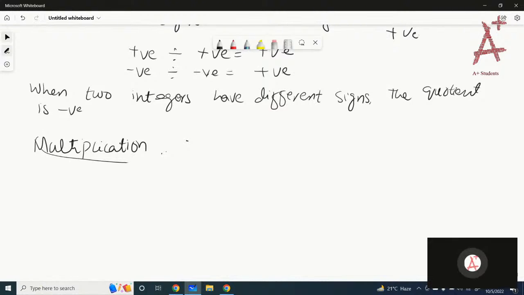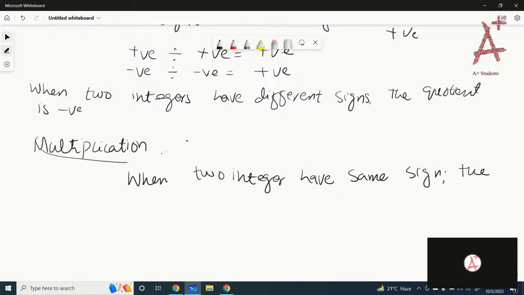Okay, when two integers have the same sign, their product is positive. Got it? When both of them have the same sign, the product is positive.